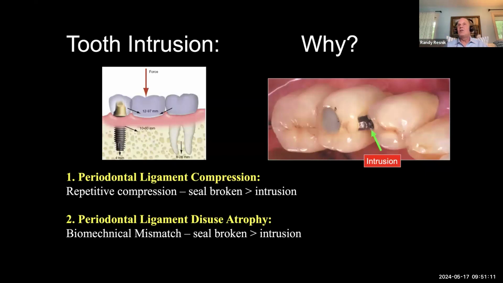Why does it happen? No one really knows. Two theories: periodontal ligament compression, the constant back and forth compression, non-compression, and what that ends up doing is you lose the seal on the prosthesis and then it intrudes. Another possibility is the periodontal ligament, because it's not being stressed ideally, goes through disuse atrophy, and then the tooth intrudes into that space.